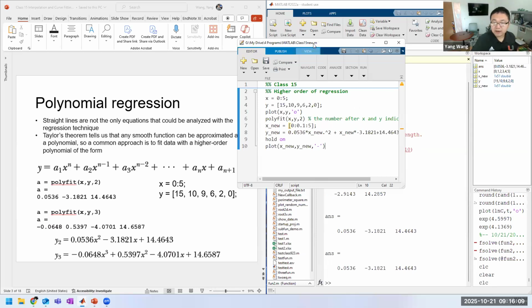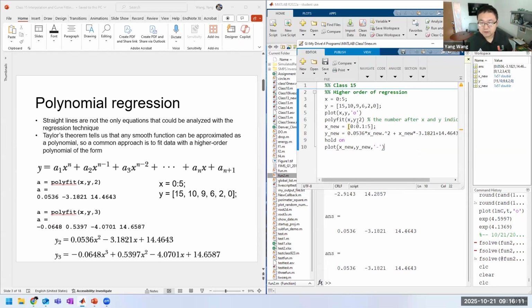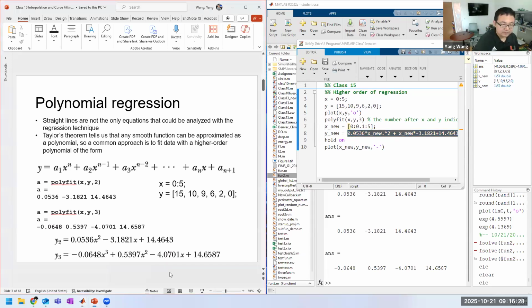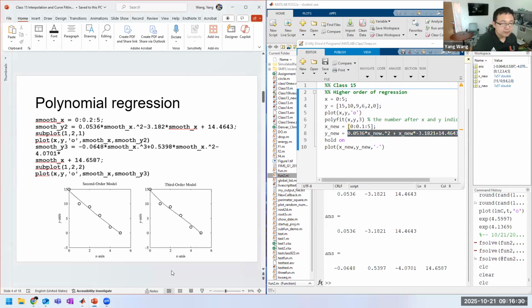Okay, so we can try even higher order of fitting, right? We can try 3, and then to run it, now you see 4 factors. But to represent y new, it's going to take more effort for us to put in all of these values. There's an easy way to do that, which is the polyval function.